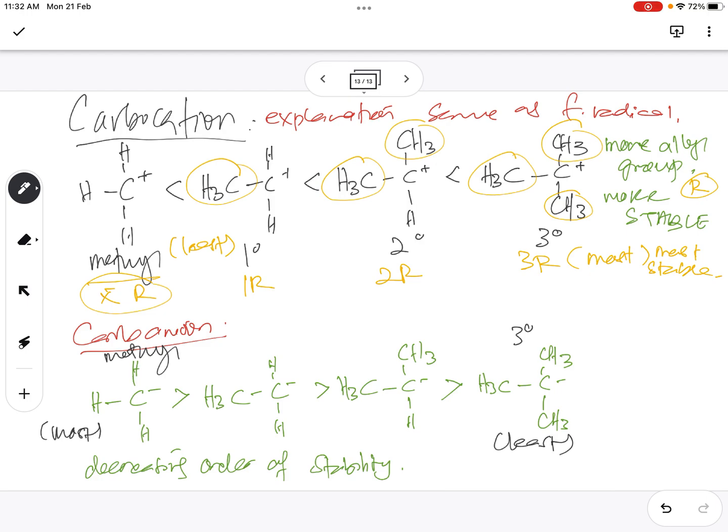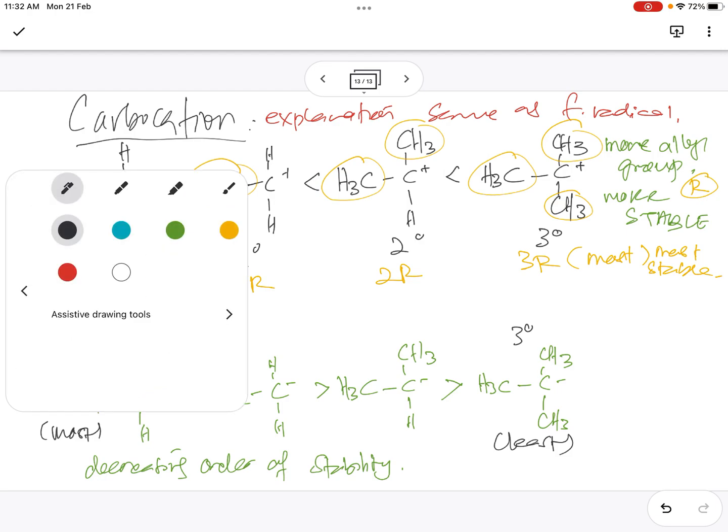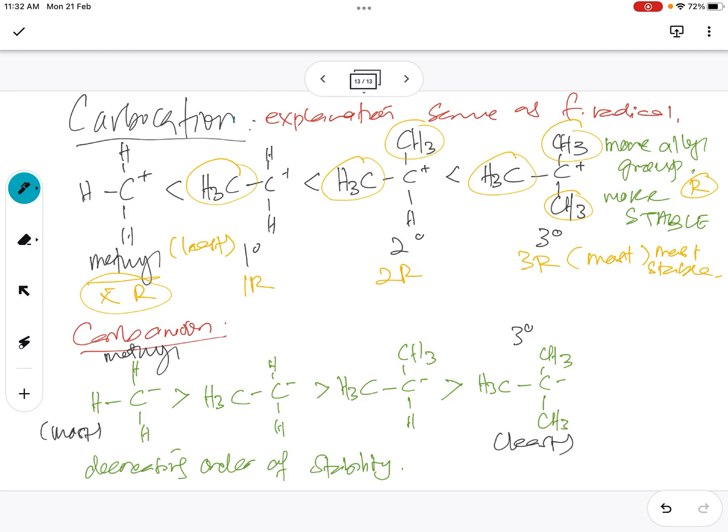So explanation, dia totally terbalik. Carbanion ini tadi kita kata carbocation is EDG, kan dia ada EDG, R itu, kumpulan alkyl itu dikenali sebagai EDG. Lagi banyak EDG lagi stabil. Ini terbalik. Ini kita panggil EWG.